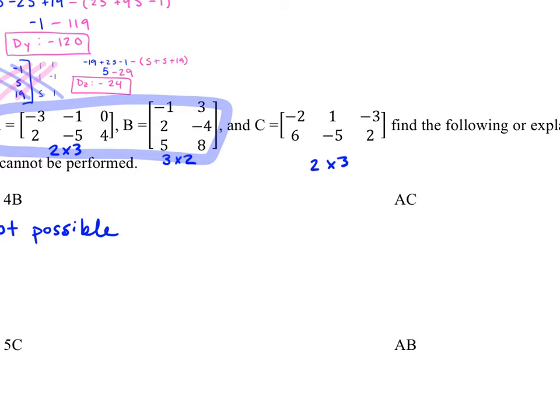Can we multiply a 2 by 3 times a 2 by 3? No. Why? The inside numbers are not the same, so not possible. In multiplying, you don't need them to be exactly the same, you just need the inside numbers to be the same.